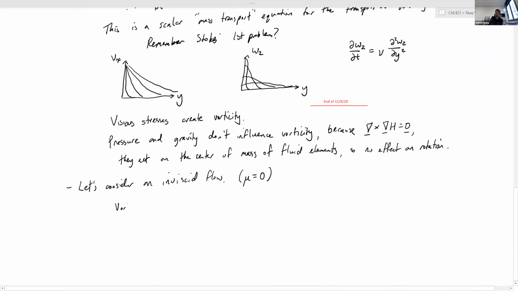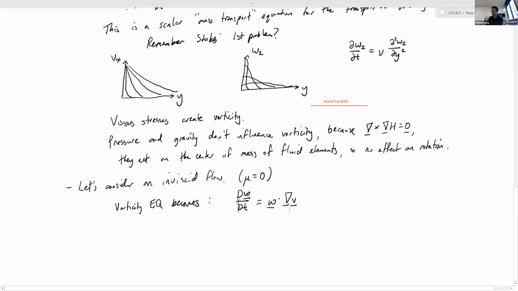So the vorticity equation becomes, okay? Let's see what that means.